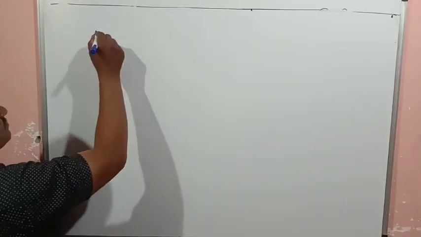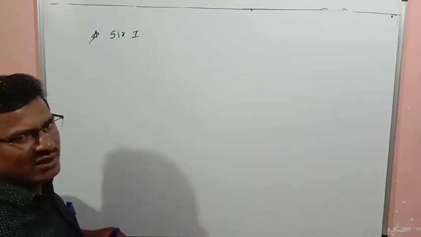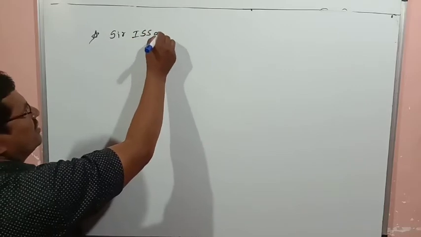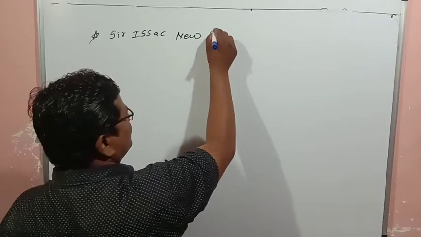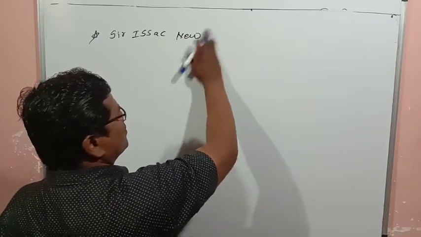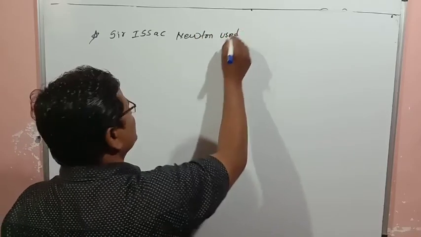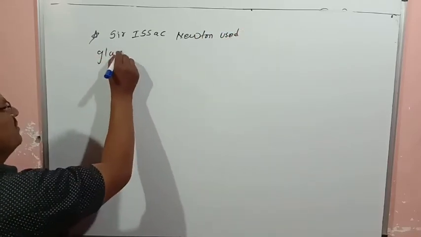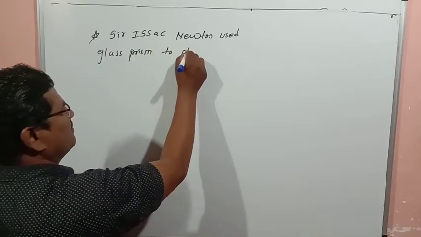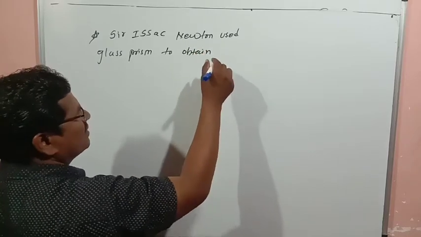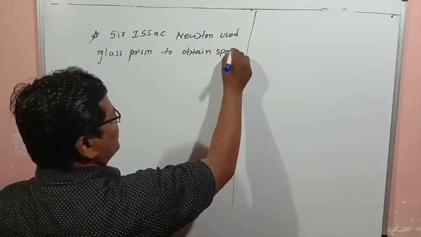First thing is, Sir Isaac Newton first time used glass prism to obtain spectrum of light.